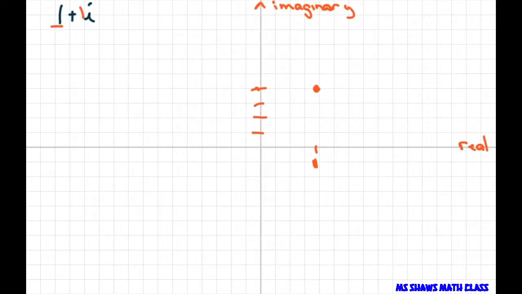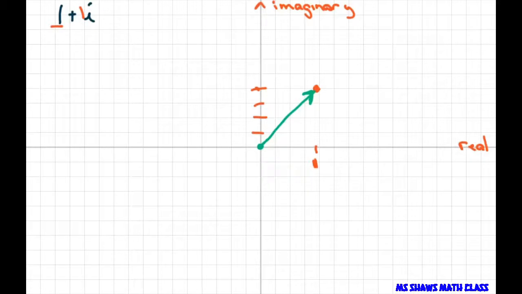Now for the Argand diagram, what you do is you start from here, the pole, and go all the way up here and draw an arrow. So that's where you're getting your z.